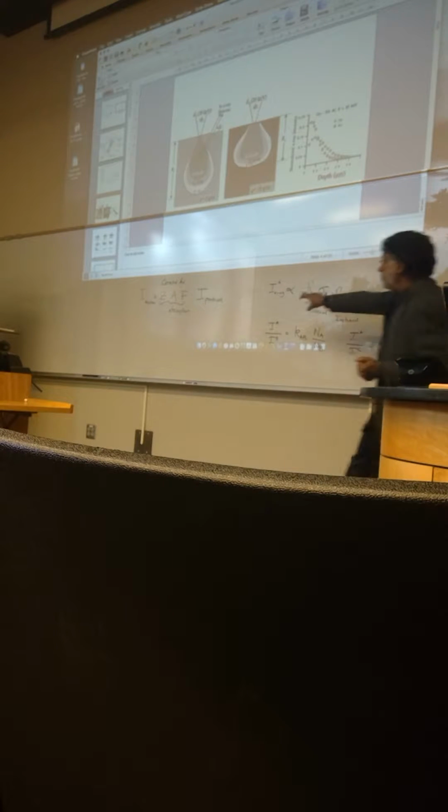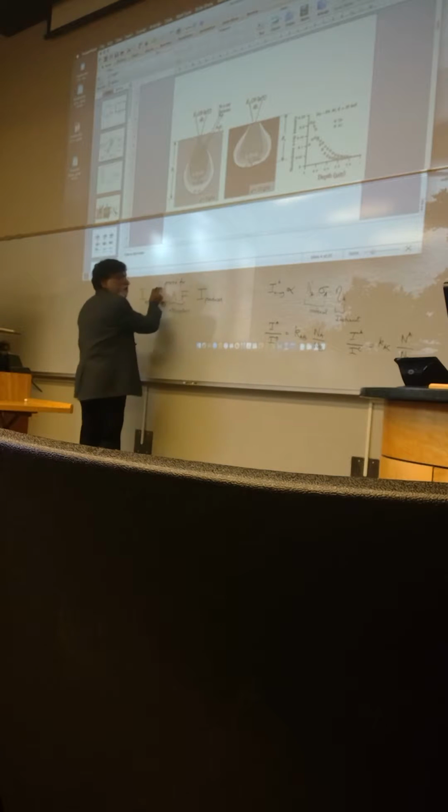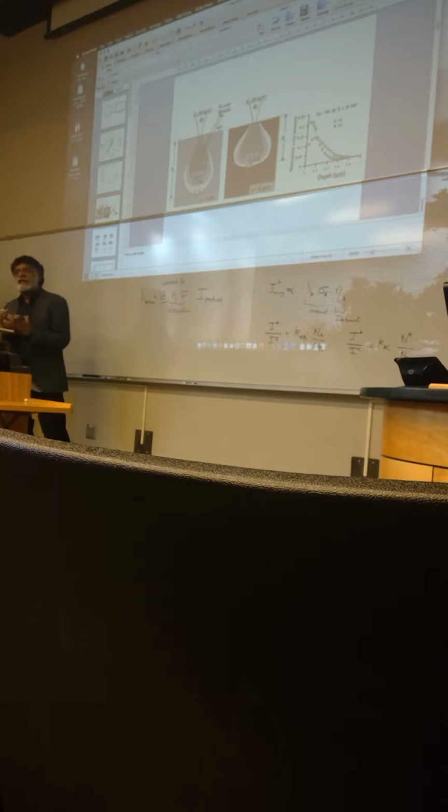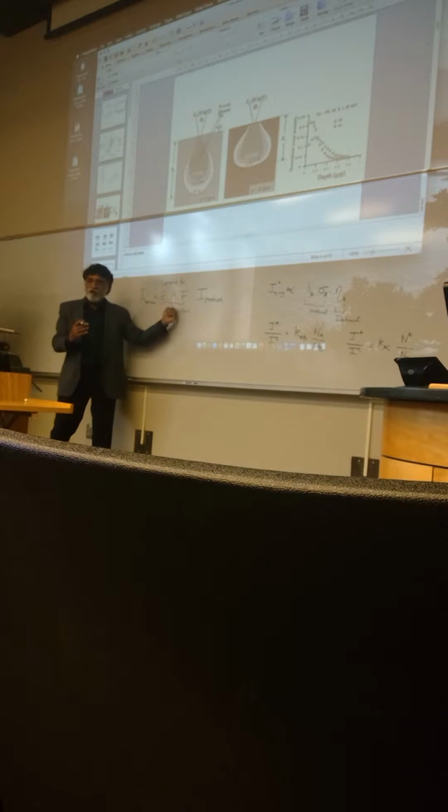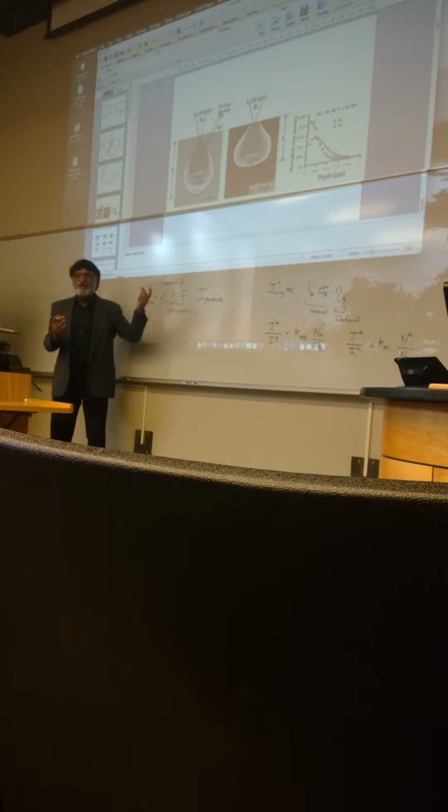This assumes no corrections. The ZAF correction is more complicated. And most of the X-ray machines, when you buy them, will give you a program that corrects for the atomic number, absorption, and fluorescence. But it's a black box, so you have to understand what goes into the black box if you really want to do the analysis properly.